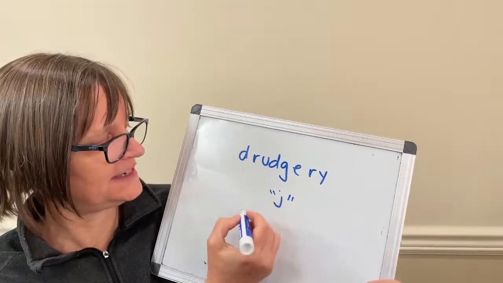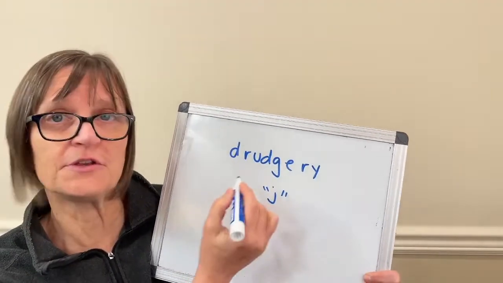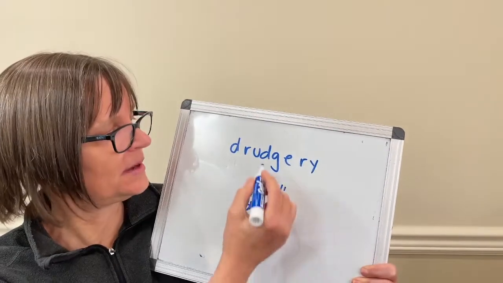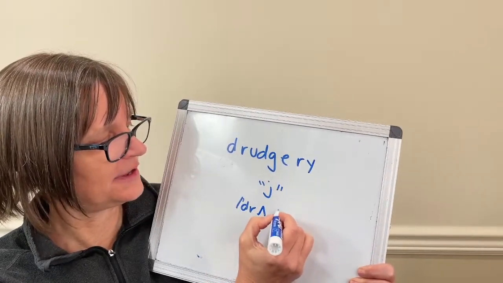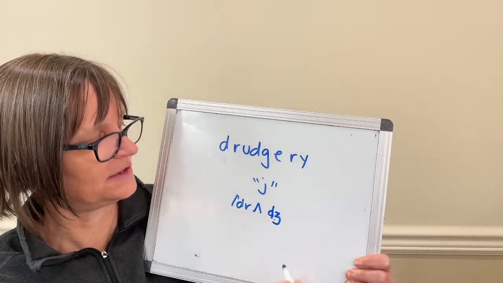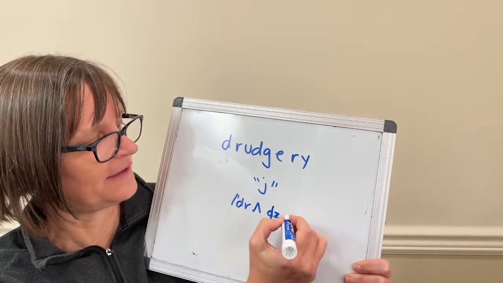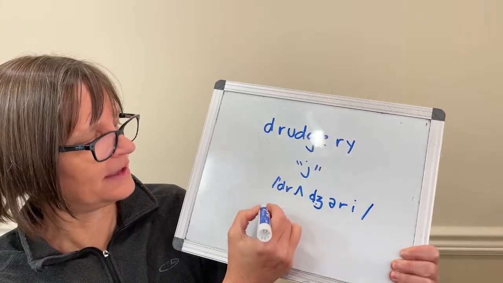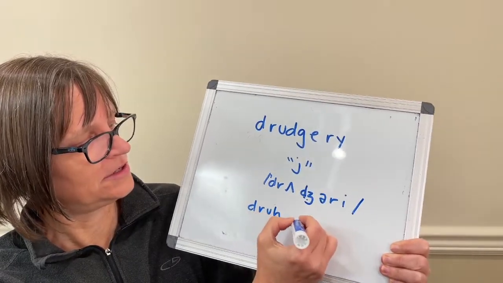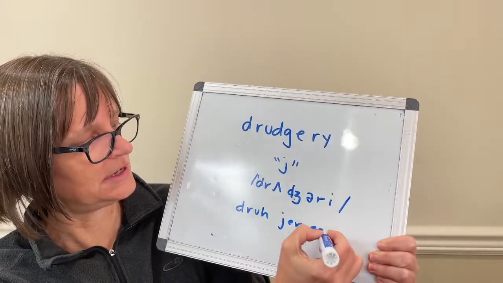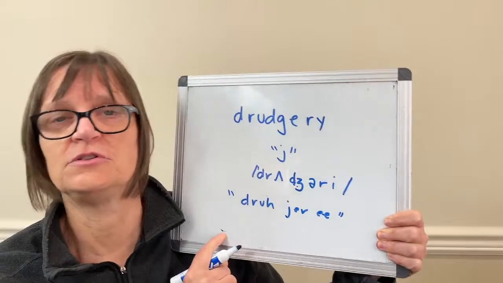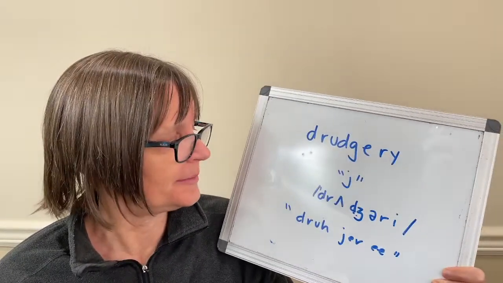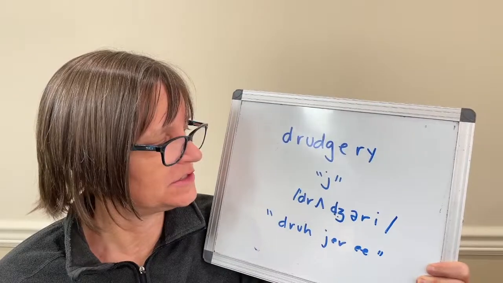So we have the DR, letter U says the schwa, first syllable stress. And then the j sound in the IPA is written like that. And then we have the schwa and an E. So thinking about it like drudgery. It was drudgery, having to do that yard work. Yeah, that's a difficult one.